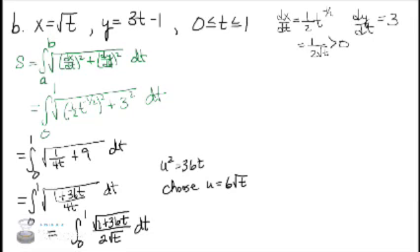So we're going to find our du. Du would then be, this is really 6t to the 1/2, so taking the derivative, 6 times 1/2 is 3t to the negative 1/2. So that's going to work out nicely because this is really 3 over the square root of t.